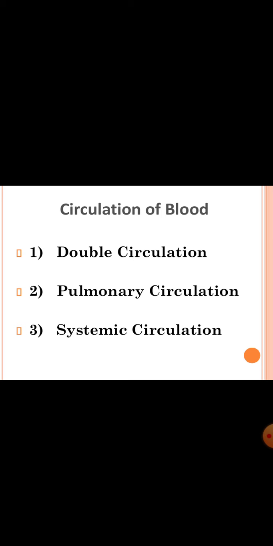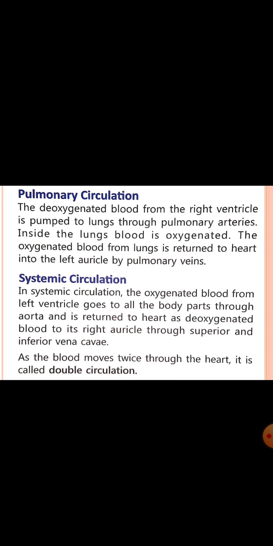First one is double circulation, means blood in our body flows through two independent circulations: pulmonary circulation and systemic circulation. Then we can say that the double circulation in the human body is divided into two types: pulmonary and systemic. Let's see both of them.